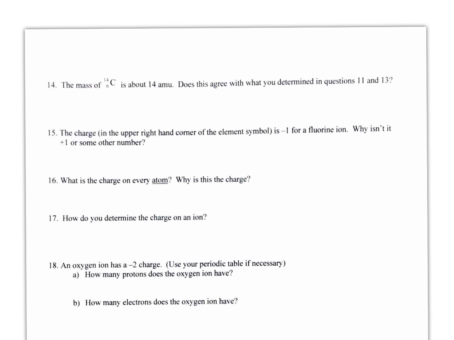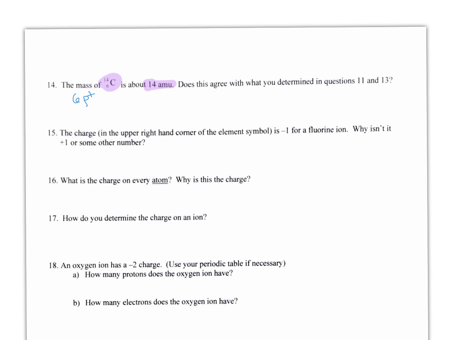Okay, number 14. The mass of carbon-14 is about 14 AMUs. Does this agree with what you determined in questions 11 and 13? In 11 and 13, we said that each proton and neutron had a mass of 1 AMU. So carbon-14, we've got 6 protons. And how many neutrons do I have?